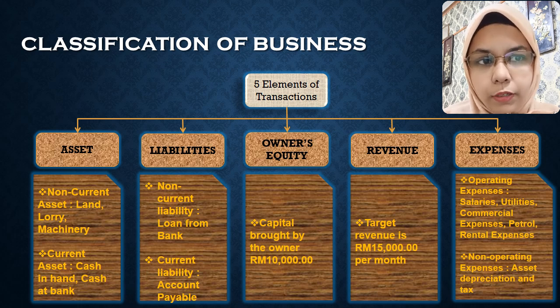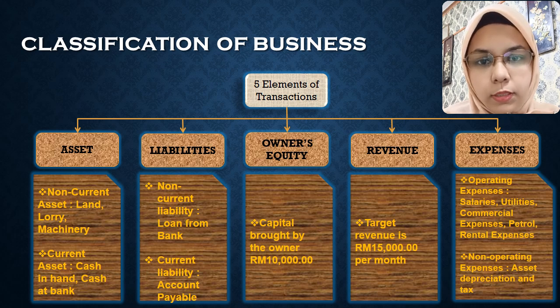Revenue is a benefit that a business earns from selling products or services or from interest and dividends on marketable securities. OneFirst Enterprise targets their revenue at RM 15,000 per month from their business activities.